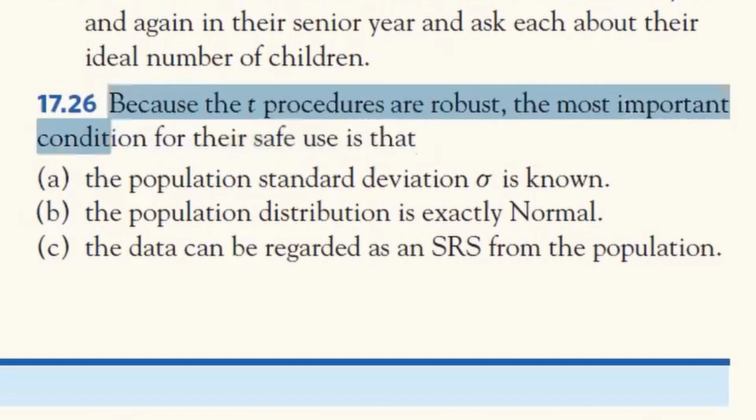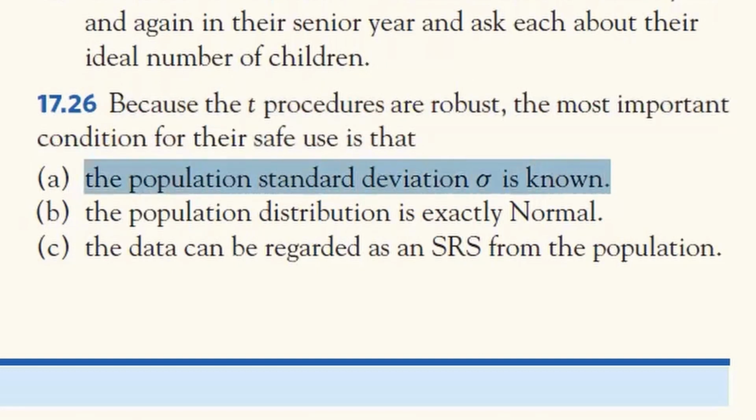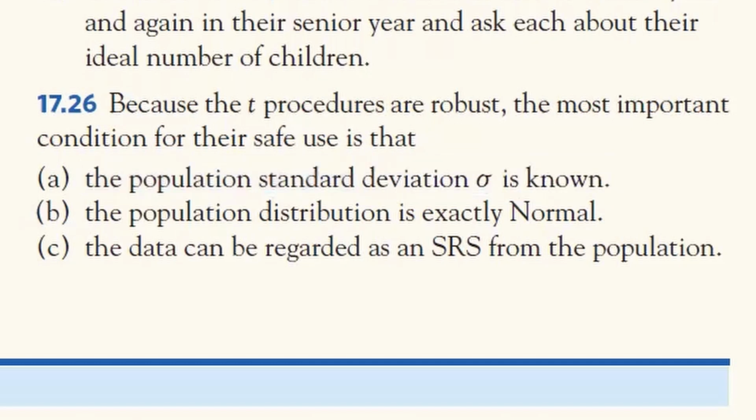And because the t procedures are robust, the most important condition for their safe use is that A, the population standard deviation is known. Well, obviously not, because we already decided that wasn't what really matters. The population distribution is exactly normal.